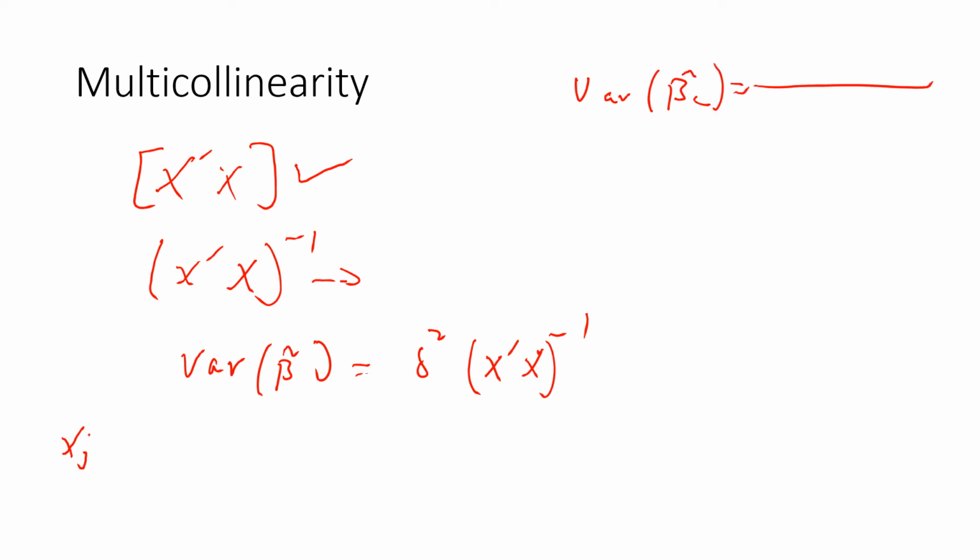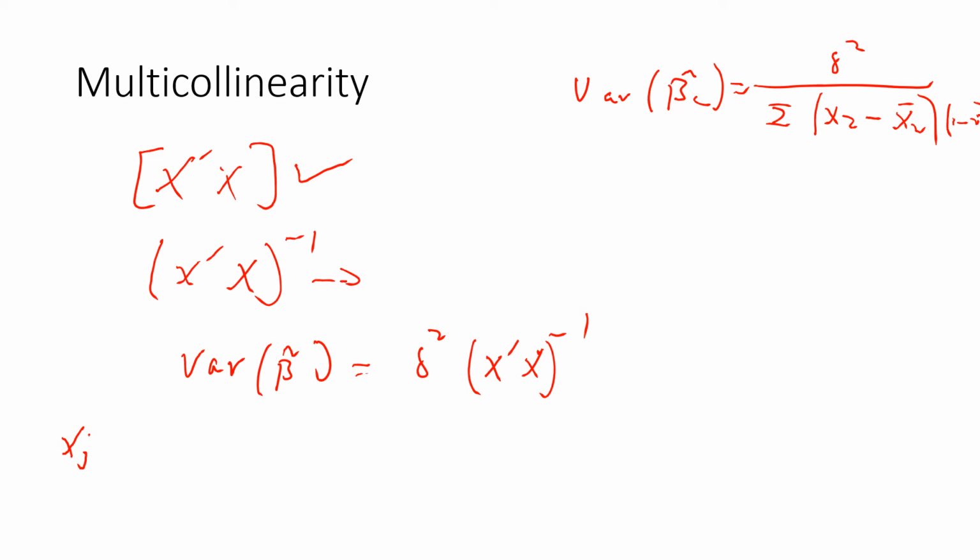The variance of beta 2 hat is equal to sigma square over the summation of x2 minus x2 bar, squared, into 1 minus r square.